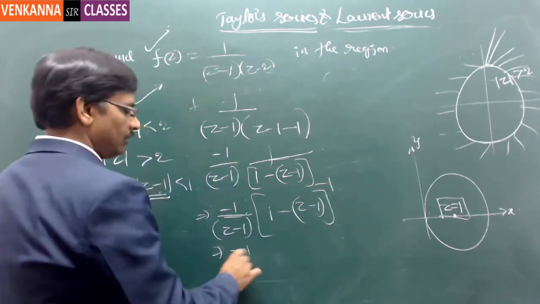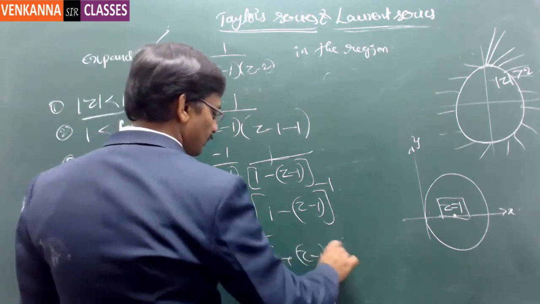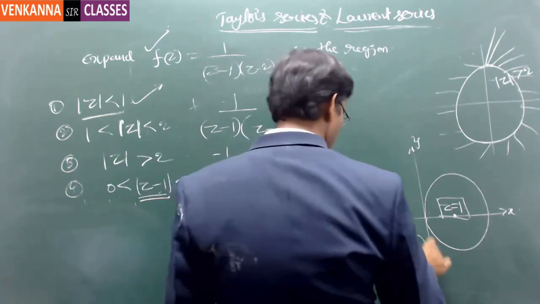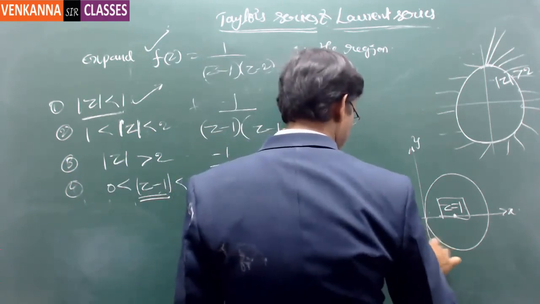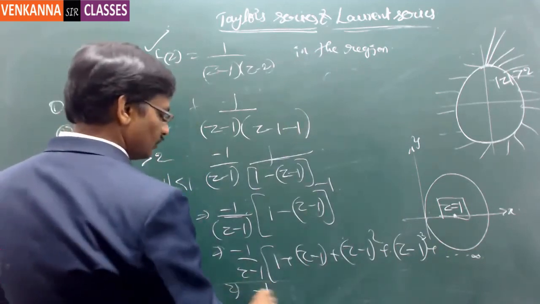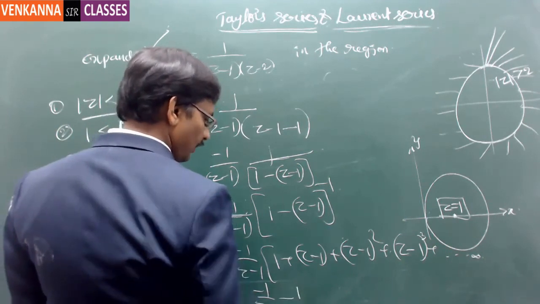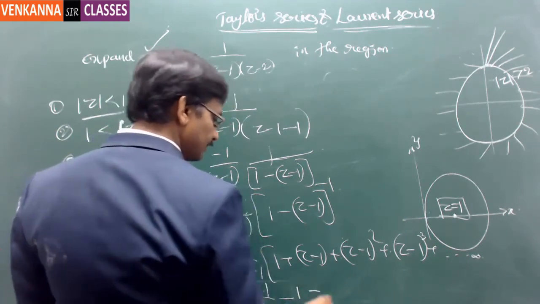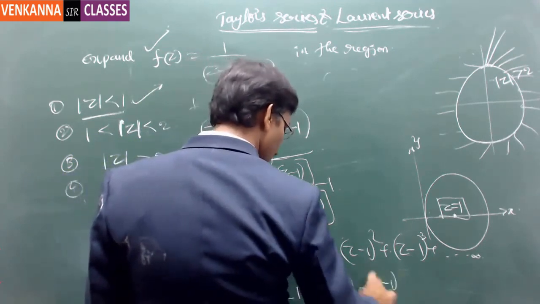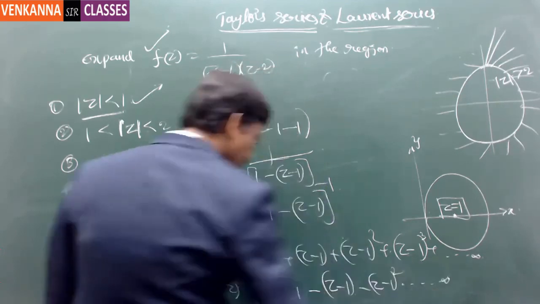This is minus 1 by z minus 1 into 1 plus (z minus 1) plus (z minus 1) whole square plus (z minus 1) whole cube plus ... up to infinity. Now this is minus 1 by z minus 1 and then minus 1 minus (z minus 1) minus (z minus 1) whole square minus ... up to infinity. So this is the expansion.